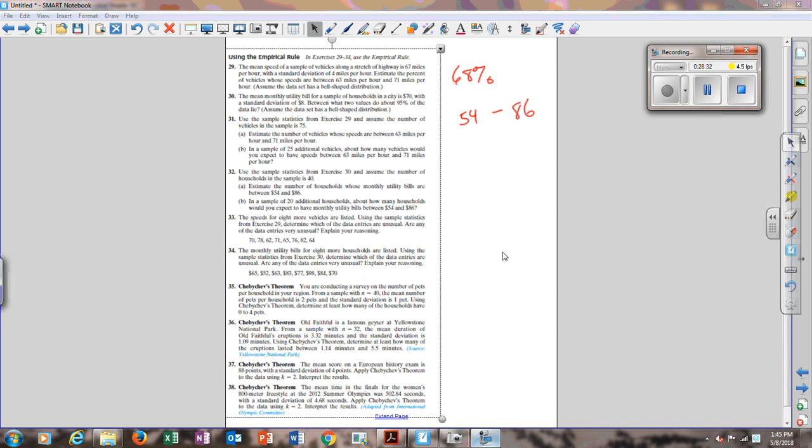So that would be, I think it's going to be within 1 standard deviation of the mean. No, it would be 2 standard deviations of the mean.